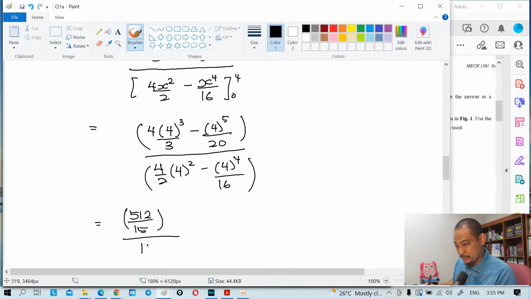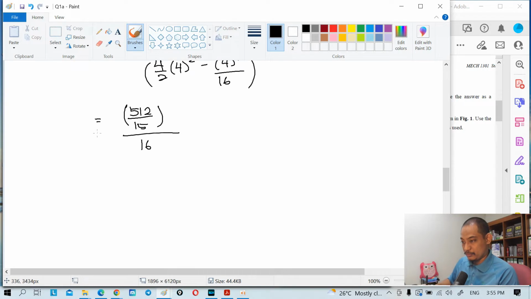So you'll get 512 divided by 15, and then divide by 16. You get 32 over 15, or 2.133 meters. The unit is meter.